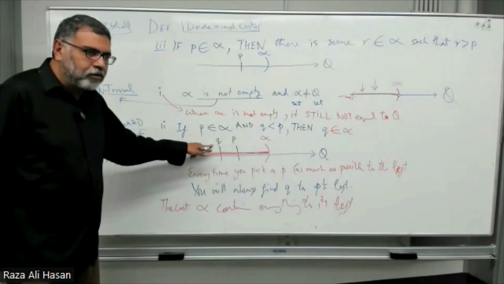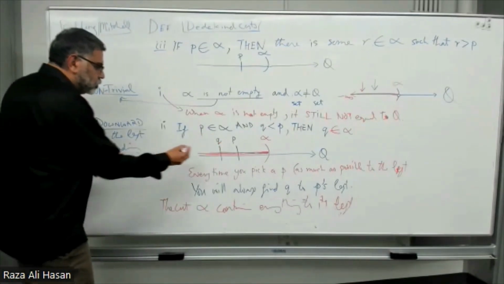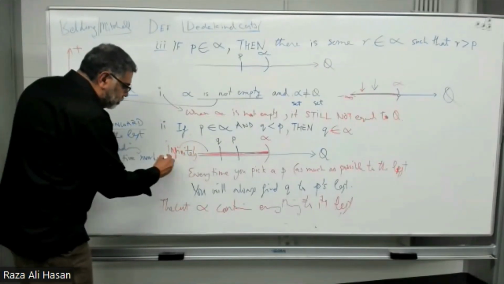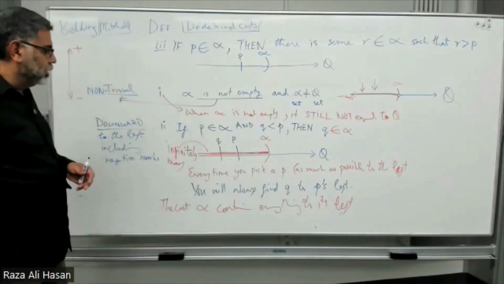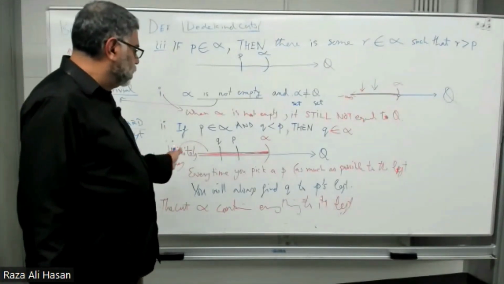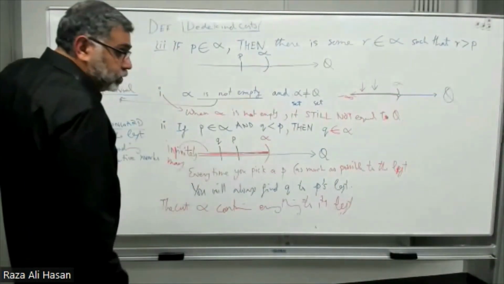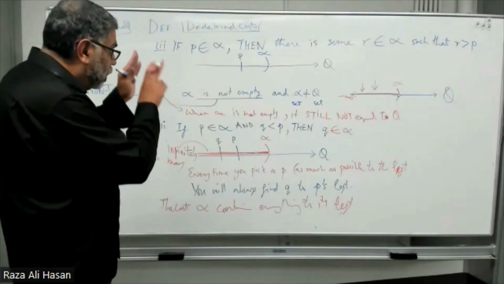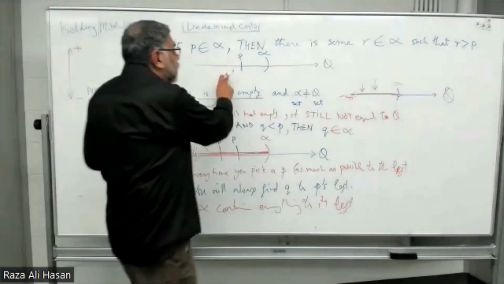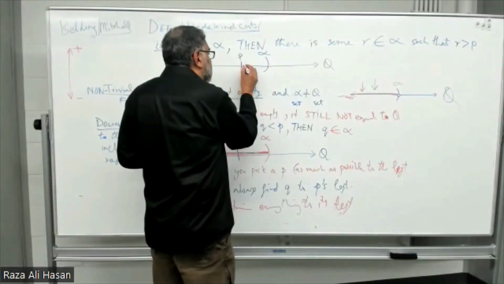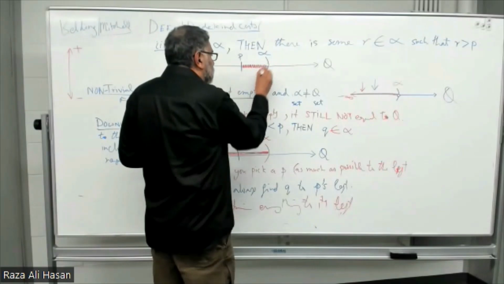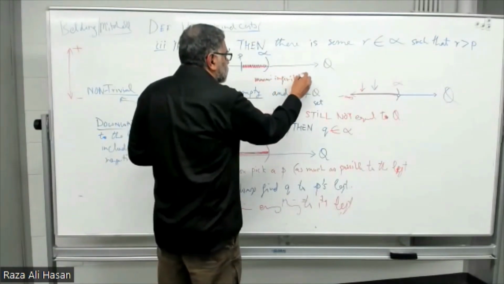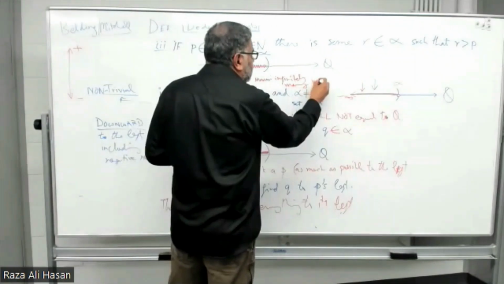Why is there a Q always to the left of P? Infinitely many. This is your friend, this phrase, infinitely many. From here all the way to minus infinity, there are infinitely many numbers. Now we go here. Between P and alpha are infinitely many R's.